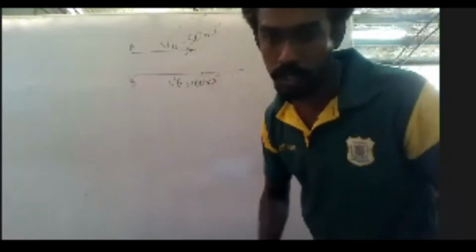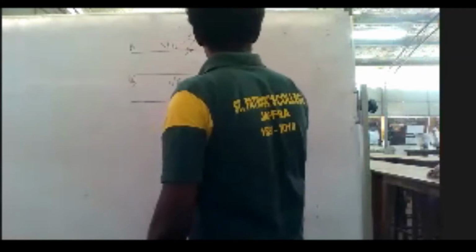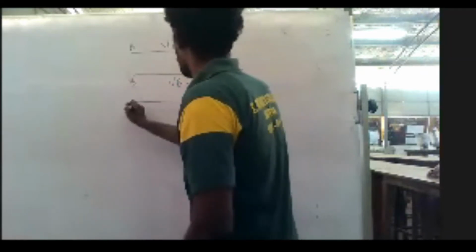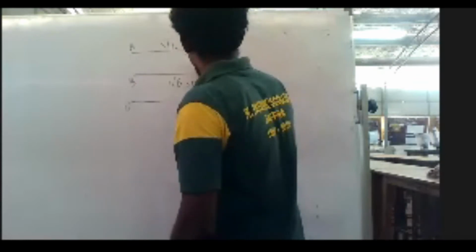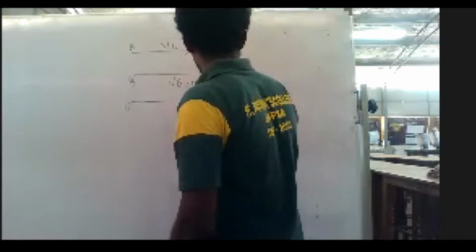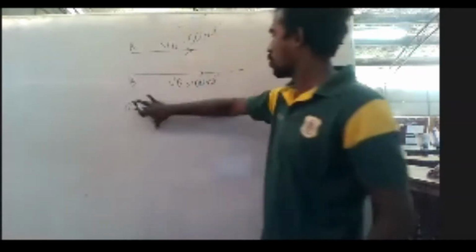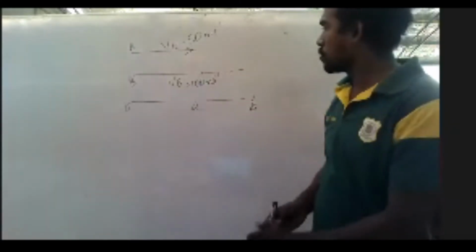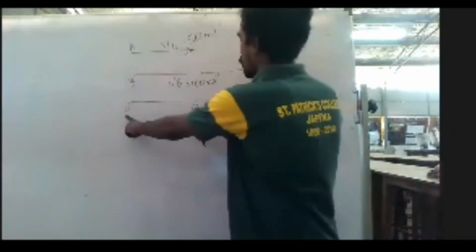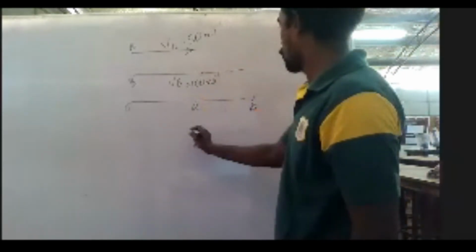Now I am putting the equation. So I will mark a few points: O, A, B. All right. So now, if I want this system, what I will do?